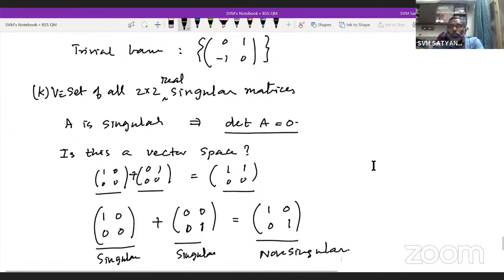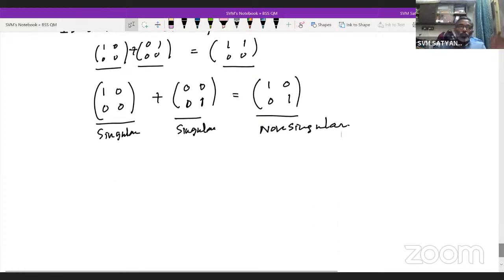So you can see that the closure is not satisfied. Inverse is not a problem, closure is a problem. So not closed implies not a vector space.